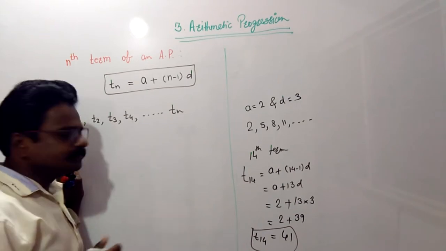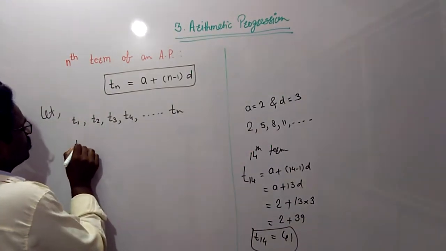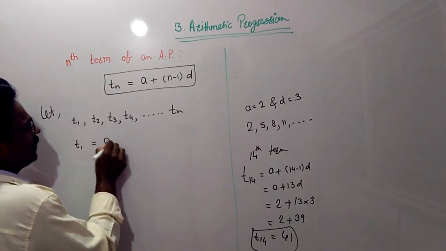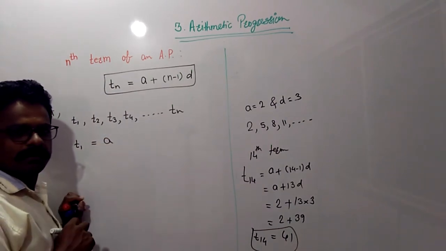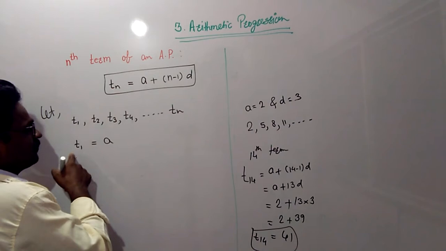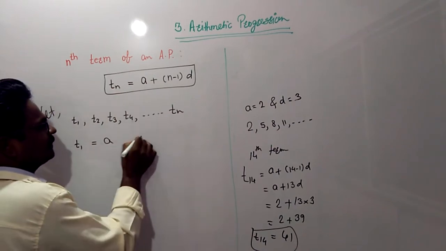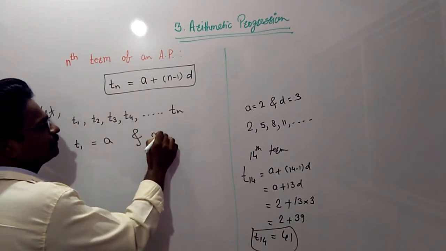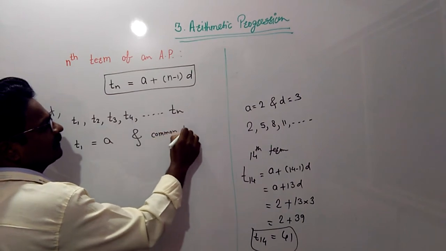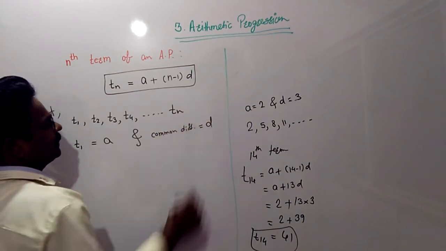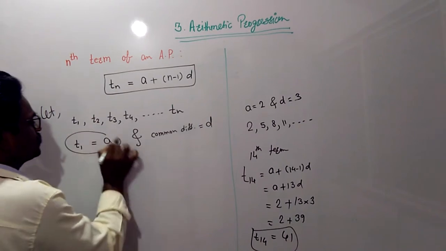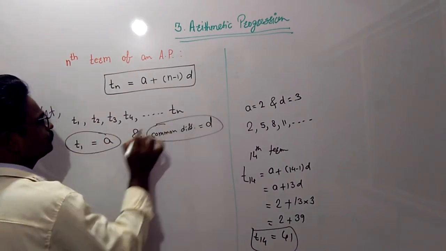Now students, see, your first term T1 is equal to a. Consider here the first term is always a and the common difference is equal to d. So these two are very important.